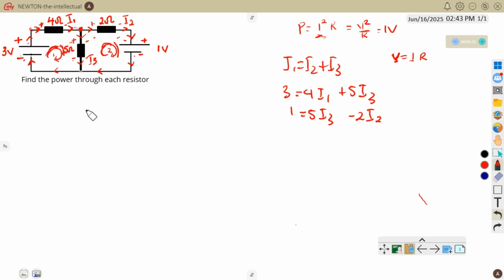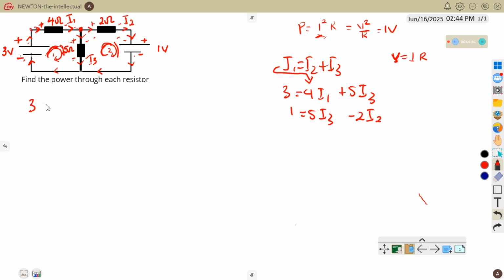So now what we're going to do here to make it easier for us is to put this I1 here, so that everything that we have will just be I2 and I3, and then we'll just solve it using simultaneous equations, either by substitution or by the elimination method.